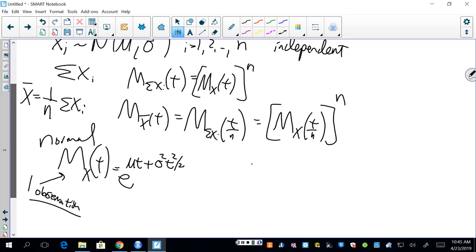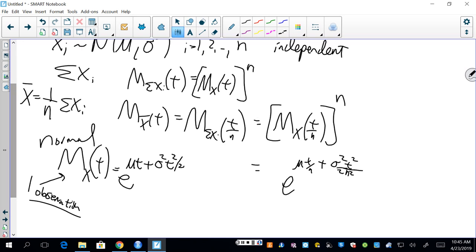So for the average, you put that together. Well, let's do it in 2 steps. e to the mu t over n plus sigma squared t squared over n squared, and there's a 2 down in the denominator.